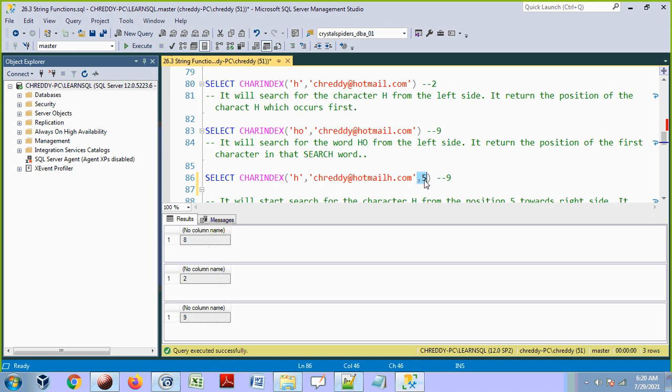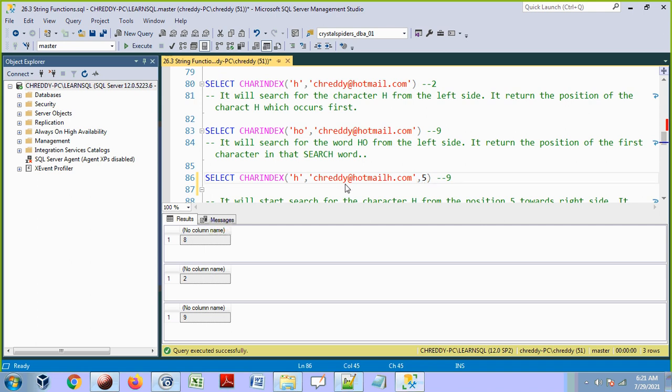If you don't mention the third parameter, the search will start from the first position. It is looking for this character from the first position in case we don't provide the third parameter. The third parameter represents a number, and that number represents the position from which you are going to start searching for the word.